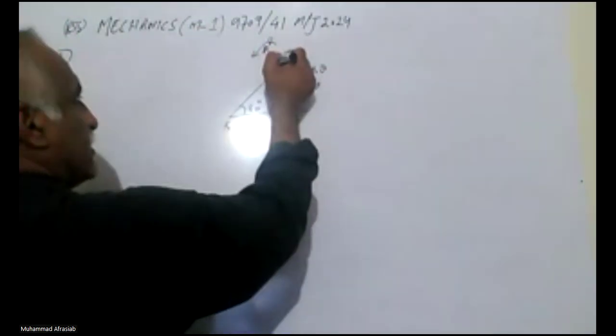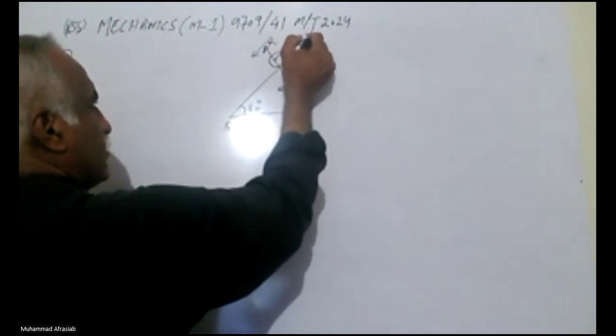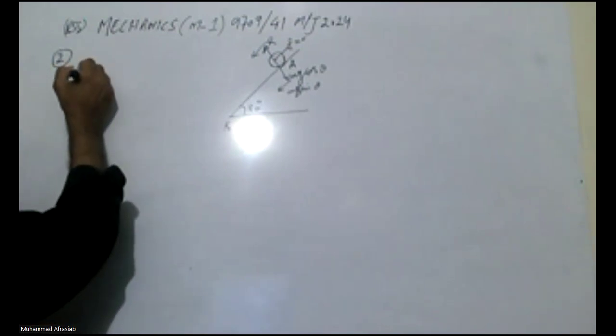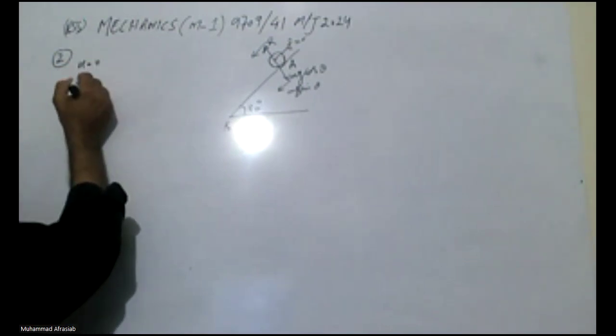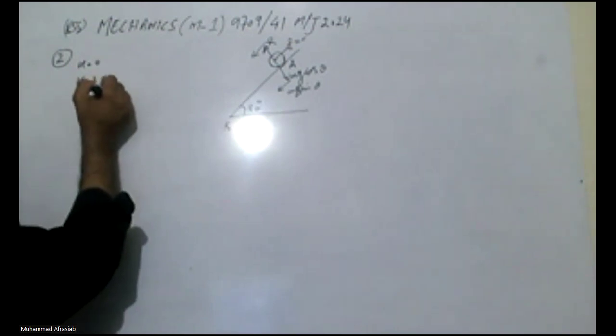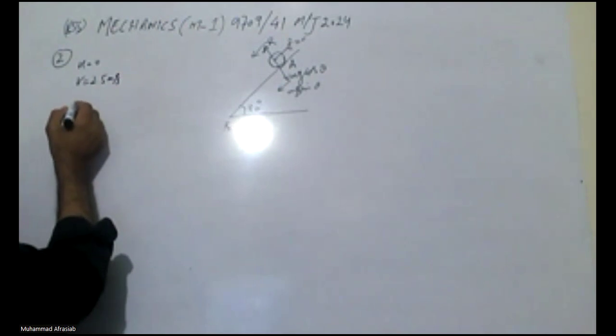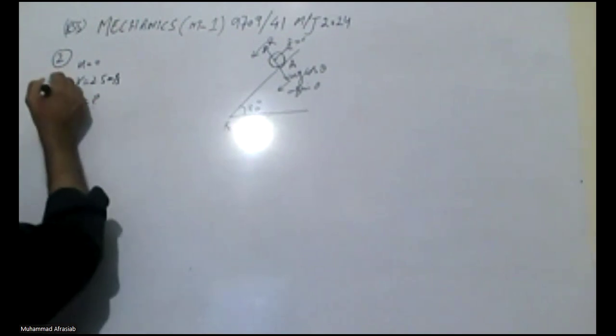The frictional force is equal to 0, because the frictional force is given there as 0 for that part. Since u is equal to 0, v is equal to 2.5 meters per second, we are going to first find the acceleration for this part A there.